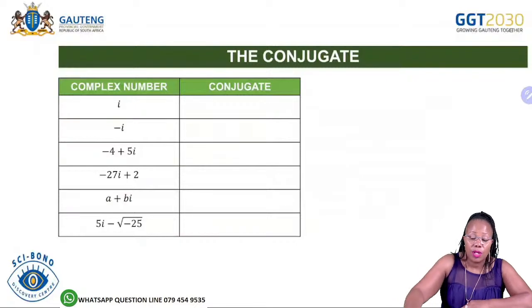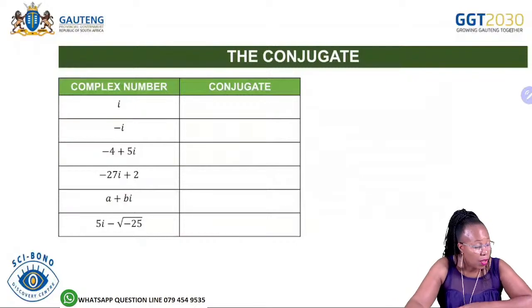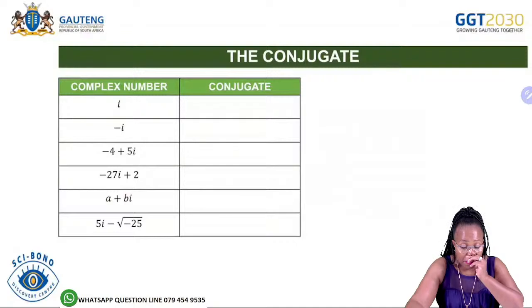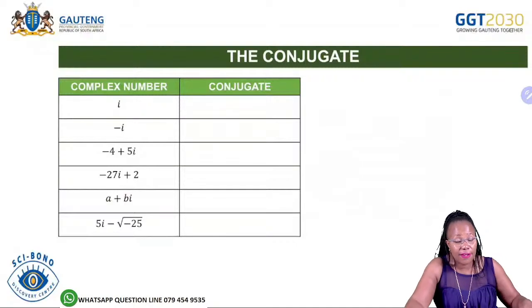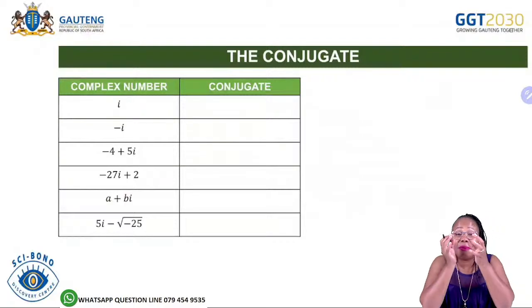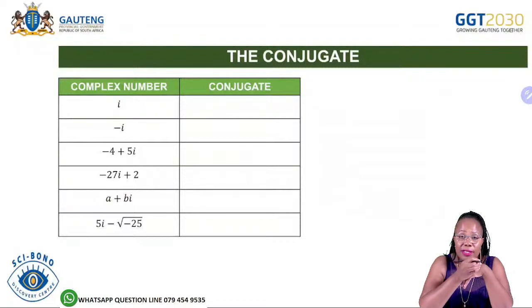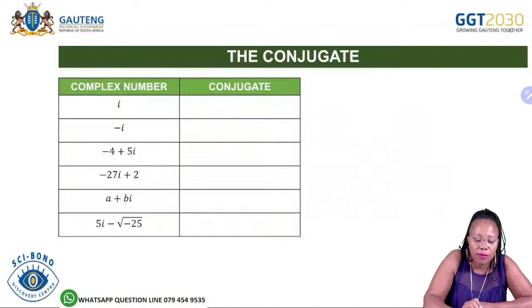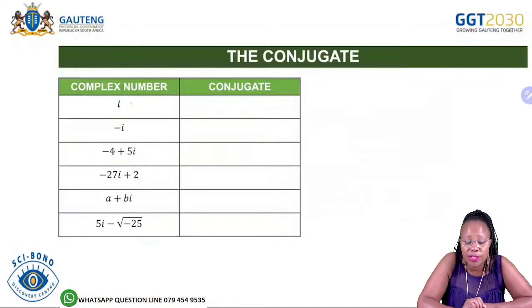Now we want to write the conjugate of these given numbers here. We are given i. Remember, conjugate is only the imaginary part. What is the imaginary part? Imaginary is the bi part of your complex number. That means in order to get a conjugate, you must have an i there. Now we have i here, which is positive.